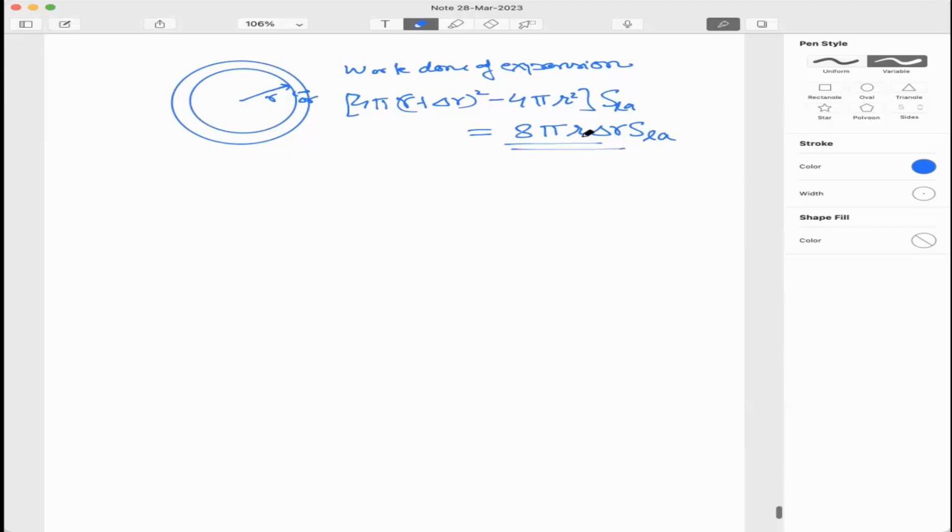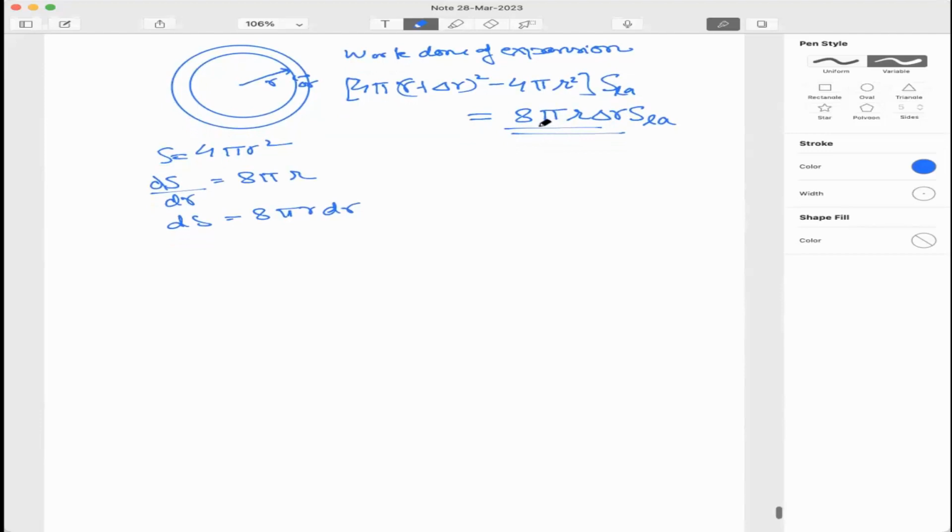We have taken the differential area of expansion. If S is 4 pi r square, then dS by dr is 8 pi r, and so dS, the change in surface area, is 8 pi r dr. That's why we put delta r. That is for the case when it is in equilibrium.